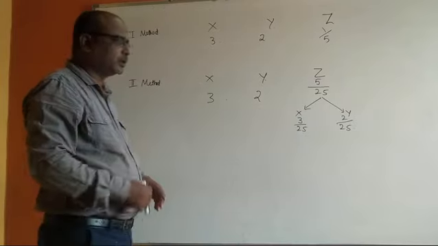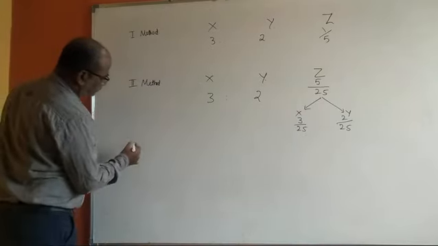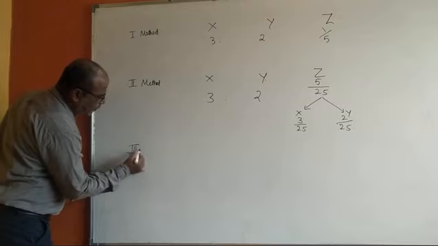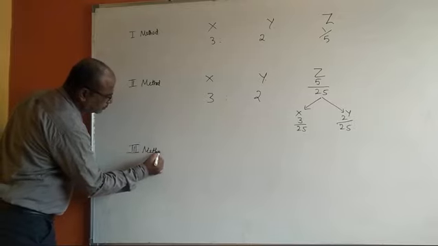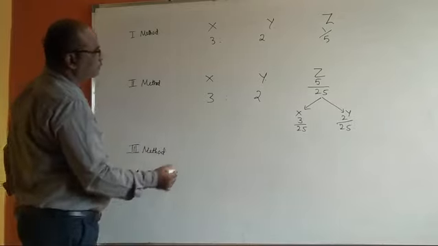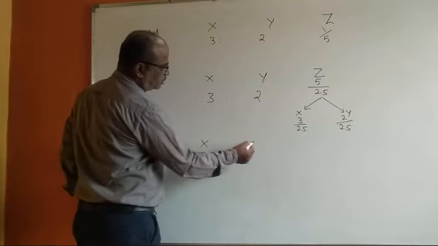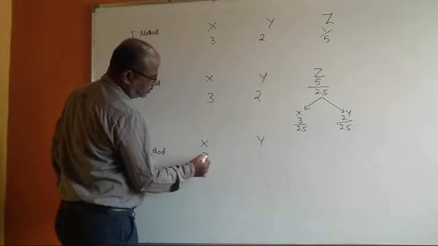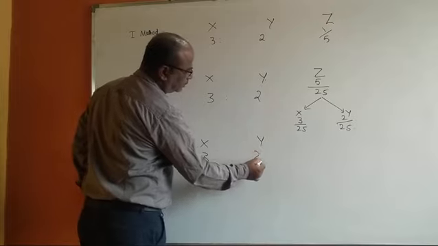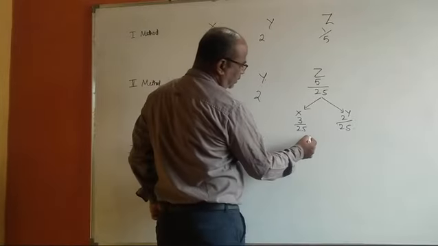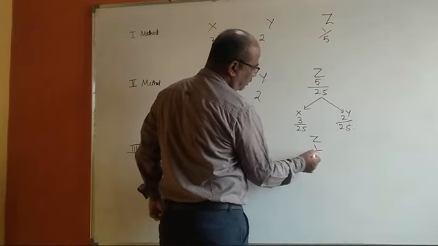And in third method, X, Y, 3:2 let us consider, and Z is given 1/5.